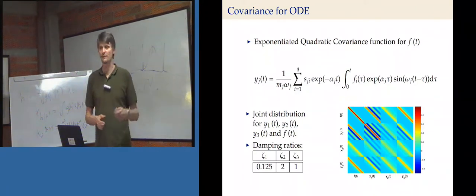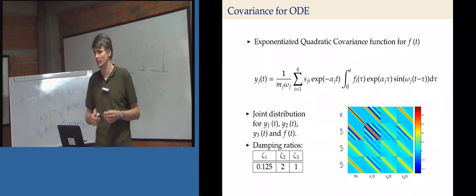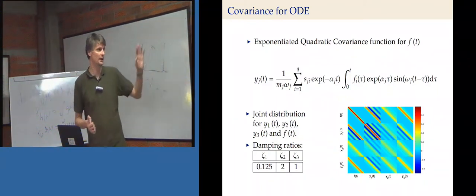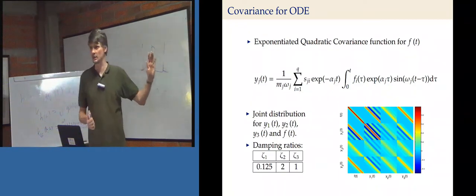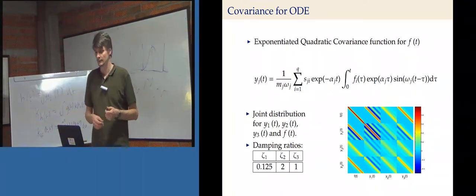And when you drive it with a Gaussian process, and f of t therefore has an exponentiated quadratic, this integral is tractable. So we'll see that example later. So that's a partial differential equation. In this case, it's just a second order differential equation. And it turns out that this is tractable too.